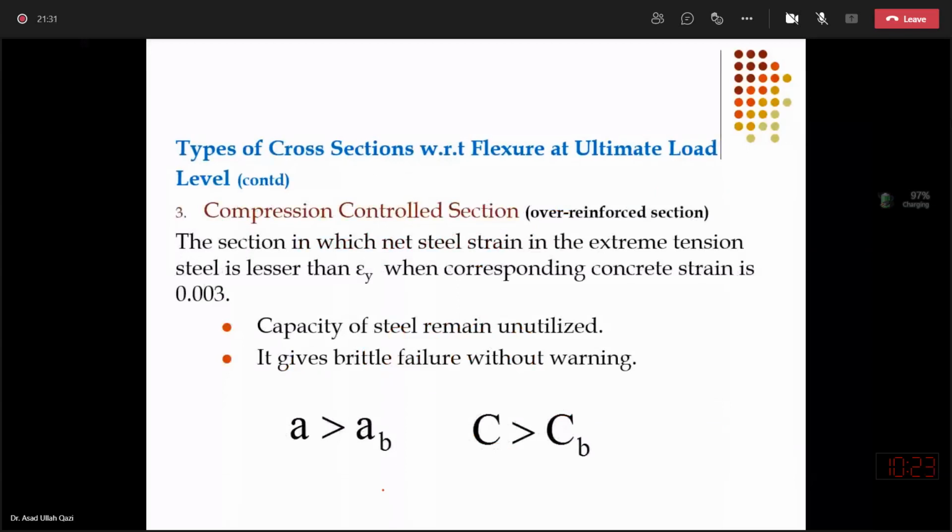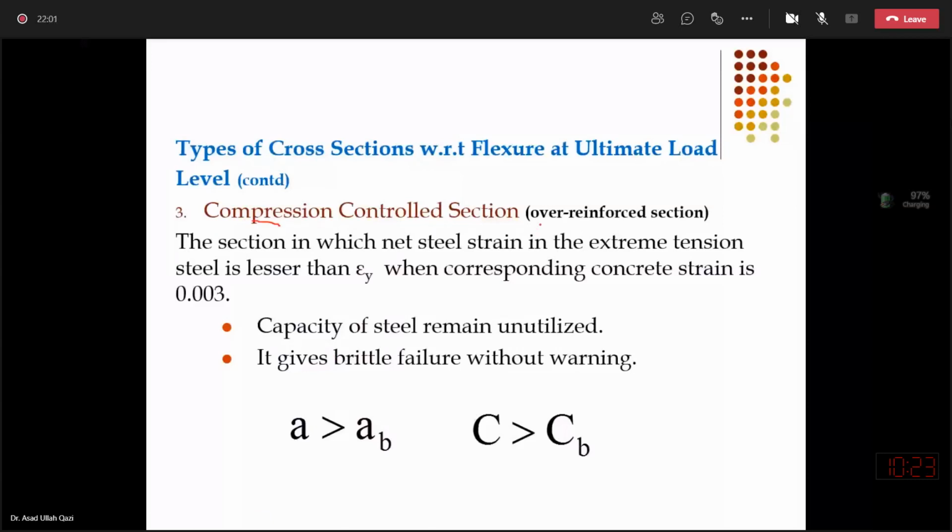However, in capacity analysis, in review of the existing design, you may come across some unwanted designs where you get the impression that corresponding to crushing in concrete, steel is not yielding. We classify them as compression controlled or over reinforced sections.